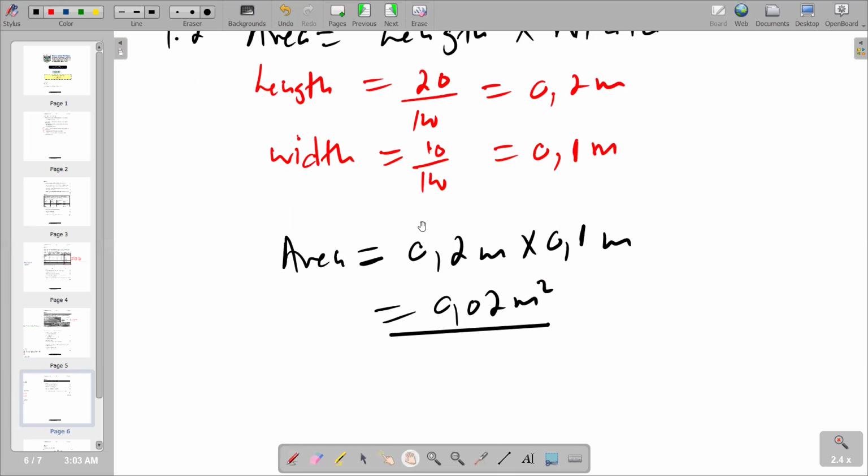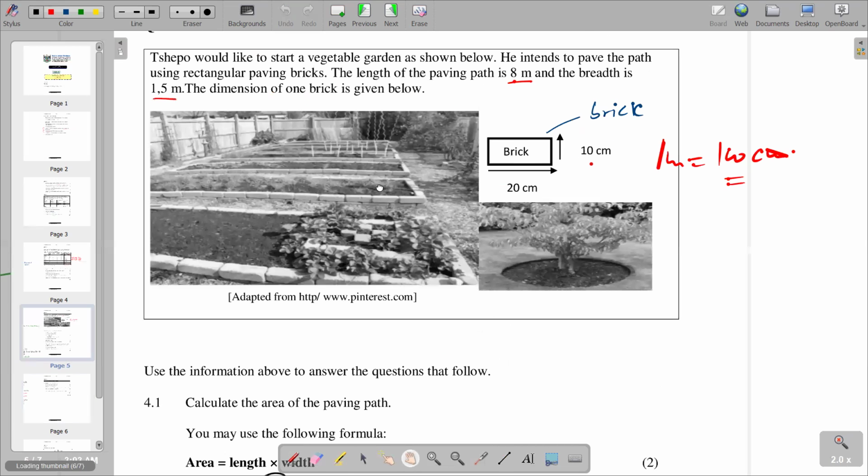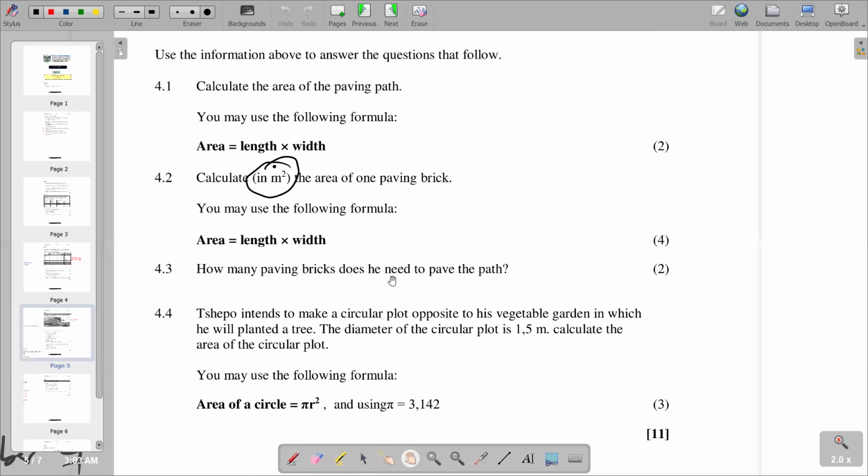And then with that, we move on to the next part of our question, which reads, how many paving bricks does he need to pave the path? So of course, we have got the area of the paving path divided by the area of the brick to get the number of paving bricks. So basically, that's how we can arrive at our answer.